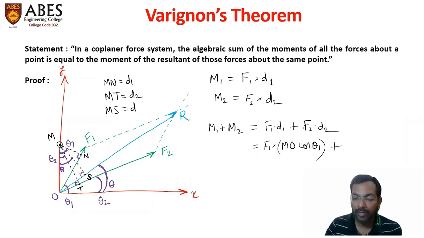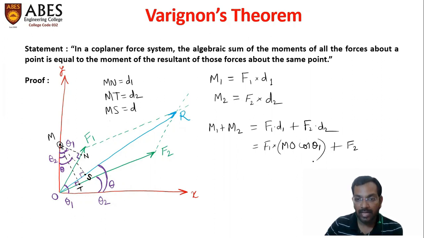Similarly, we can replace the value of D2 as MO cos theta 2. How? Once again, please observe this triangle MOT. This is once again a right angle triangle, and MT can be written in terms of MO because the angle between MO and MT is theta 2, marked here.